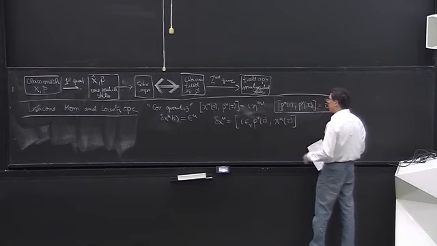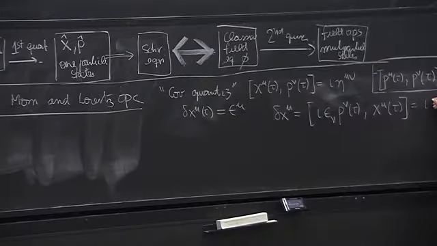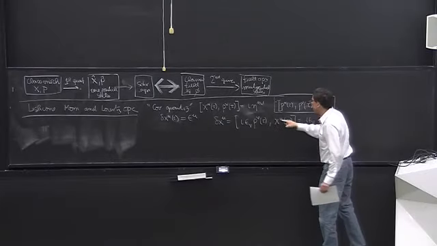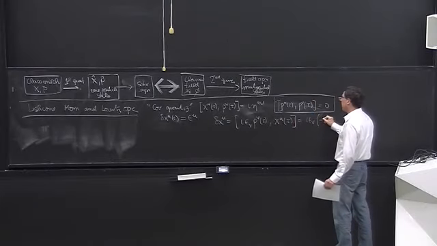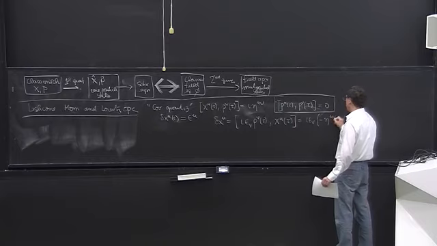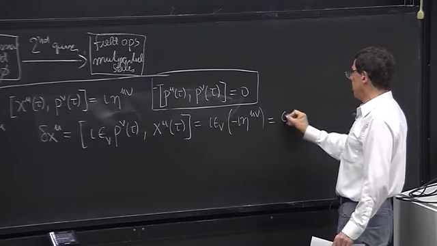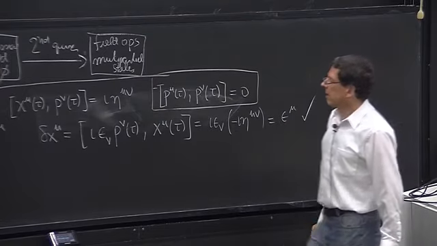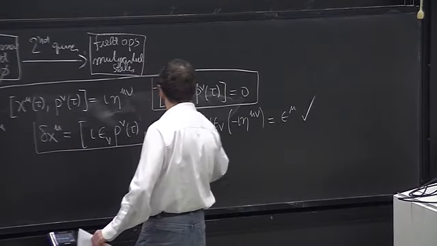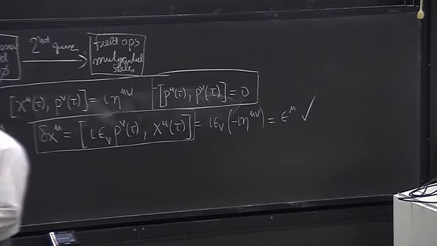And if we do this commutator, we certainly get i epsilon nu, and then these two things give you minus eta mu nu i. So you get epsilon mu, indeed. So this is fine.